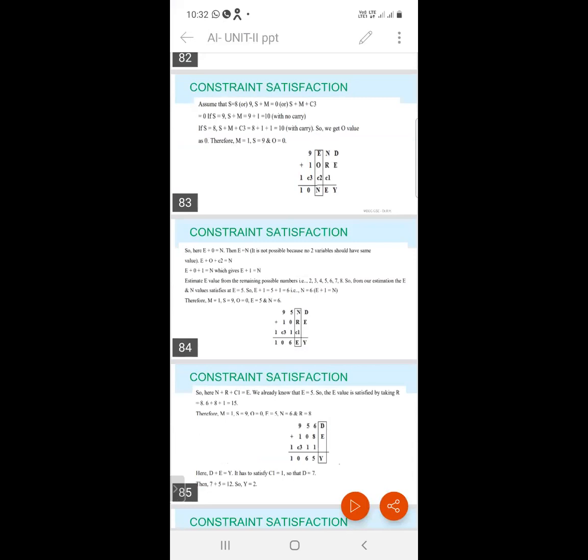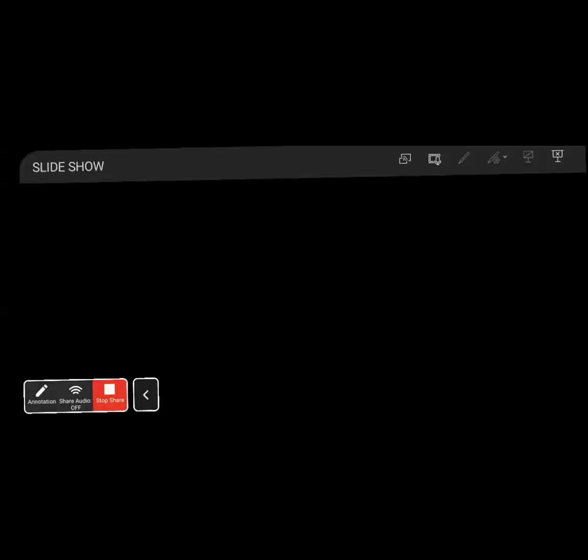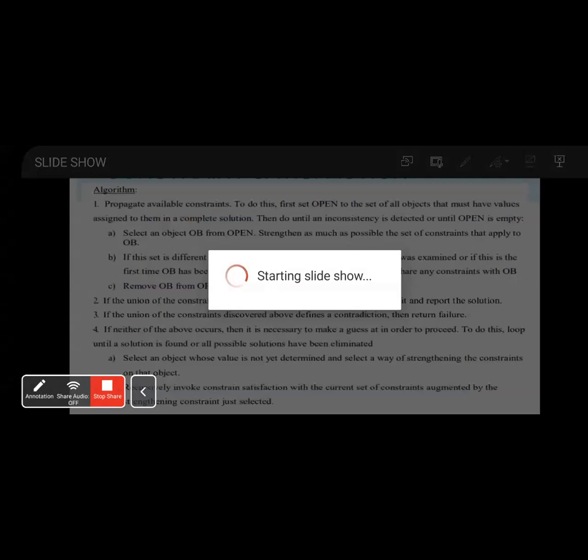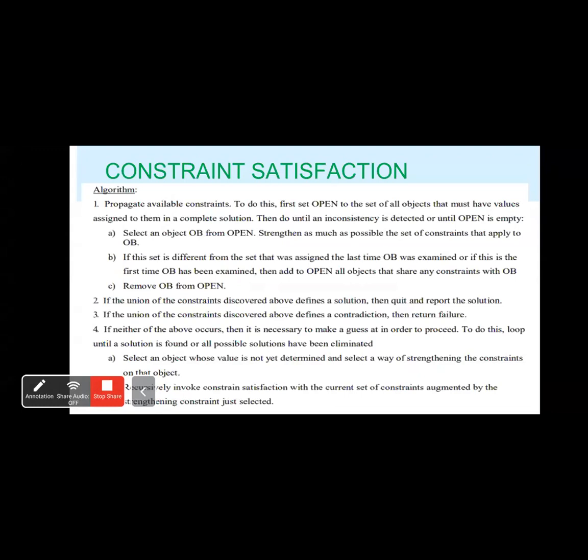This is the constraint satisfaction. What is the constraint satisfaction algorithm? Propagate constraints.